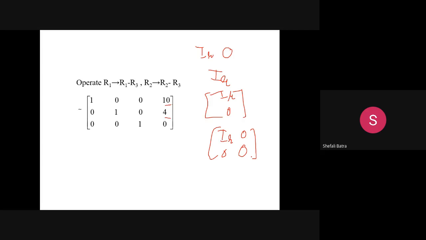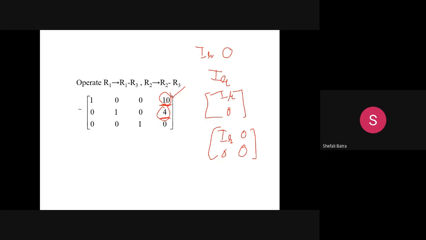So after making this identity matrix, my next target is make this entry 0 or this entry 0. In short, this column must be 0 because you have obtained here an identity matrix of order 3. So now next target is make this entry 0 and then this entry 0. So for making this 10 0, because it is a normal form, you can use row operation as well as column operation.